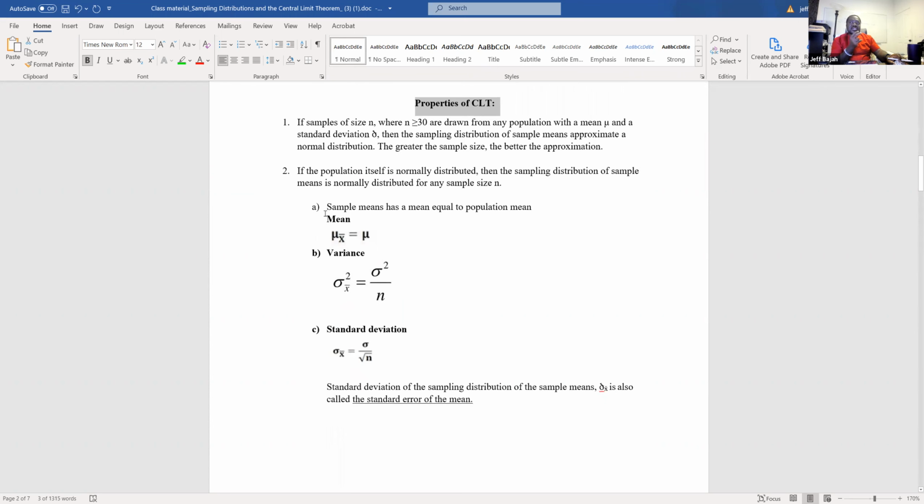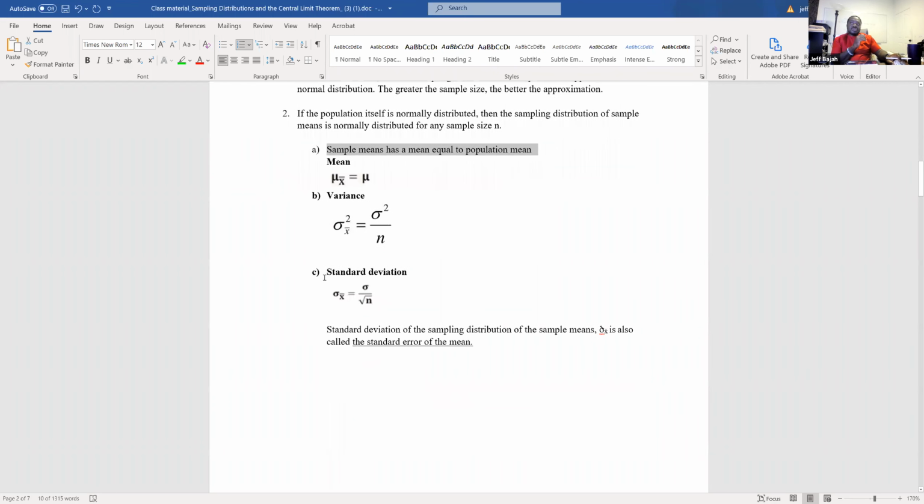The second rule, you already know that one. It says the sample means is equal to what? Population mean, which you all know that we already did, right? We said population mean is equal to the mean of what? Sample means. Then it also says this. I'm not talking about variance because we hardly use variance, but also the standard deviation.